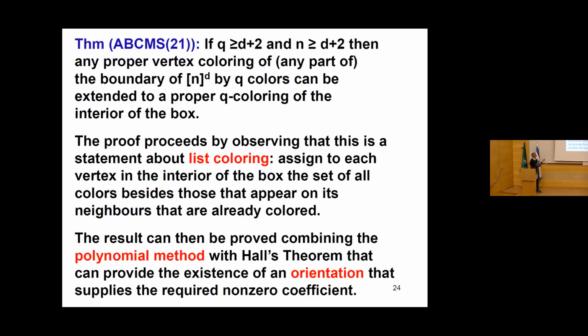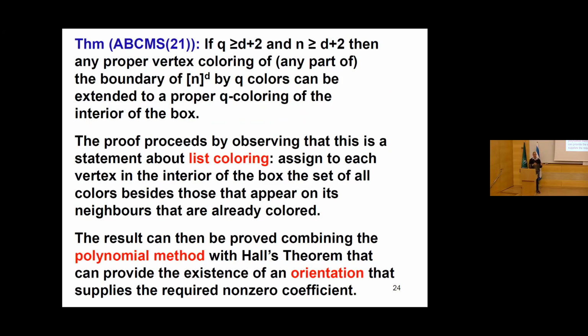And then the observation is this is a statement about list coloring, because we can just assign to each vertex in the interior of a box the set of all colors besides those that appear on its neighbors that are already colored. So this is a statement about list coloring, and it turns out that we can apply the polynomial method, combining it with Hall's theorem, to prove that some orientation of the relevant graph exists.